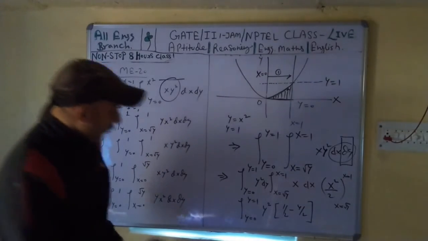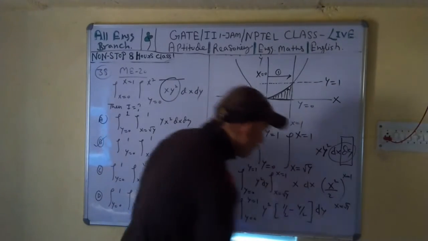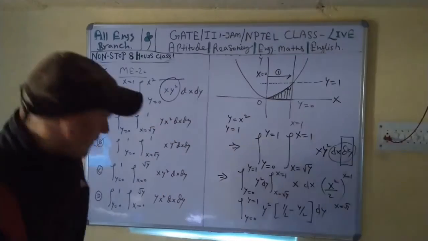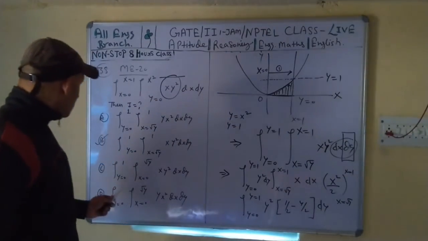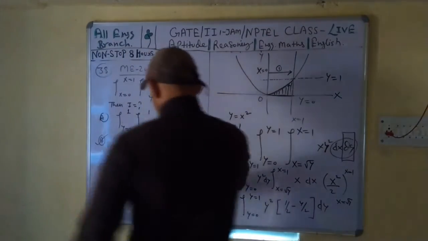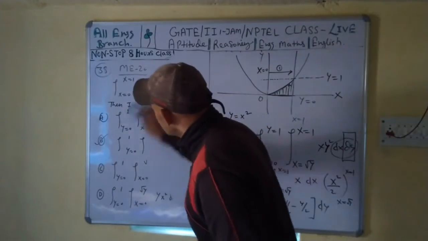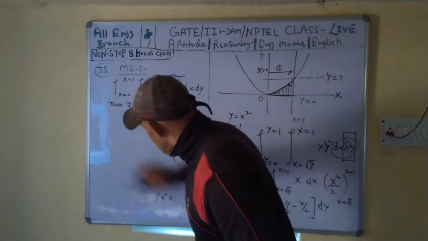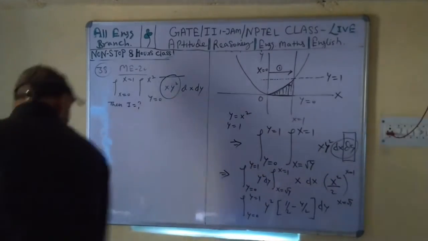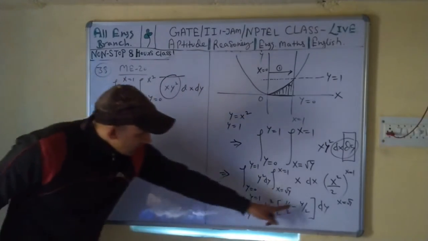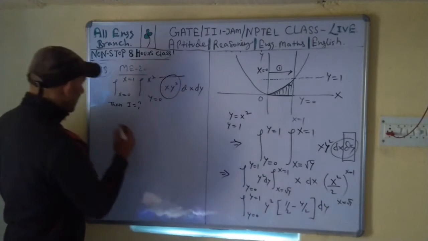Now you have to integrate with respect to y. I will do it on rough. Already we have solved it. Now 1 upon 2 you can take outside.